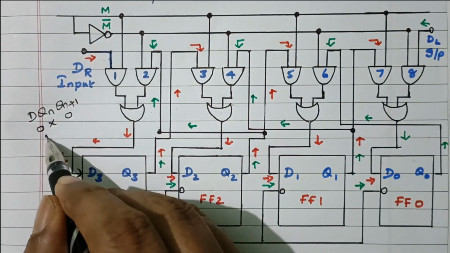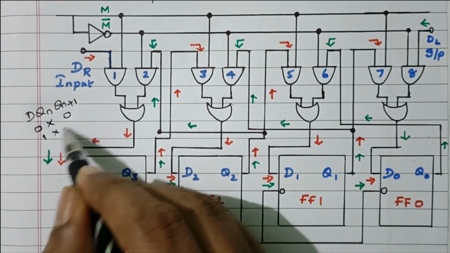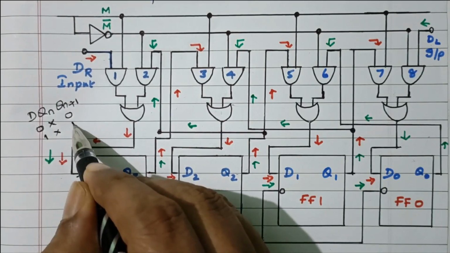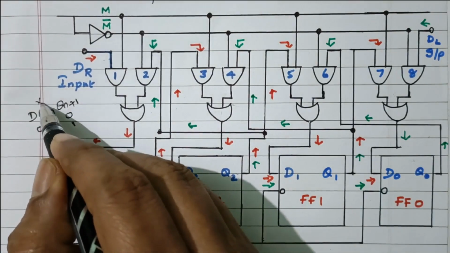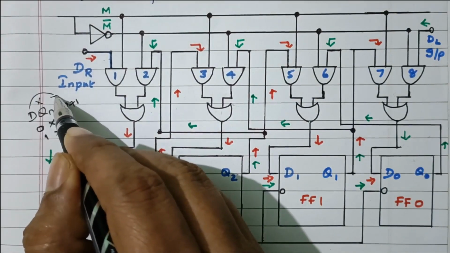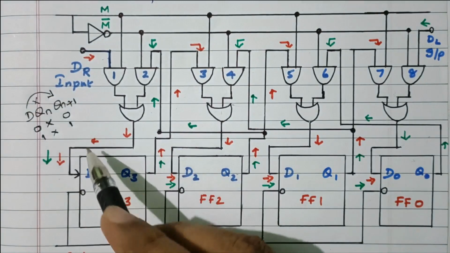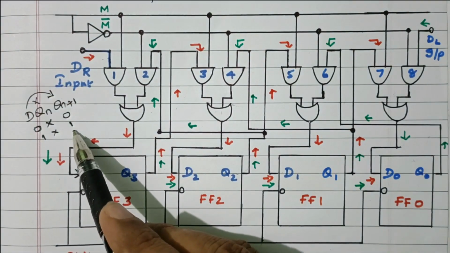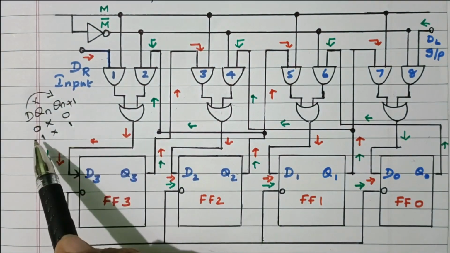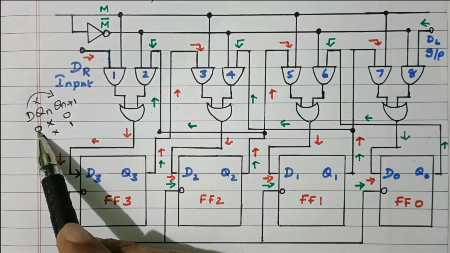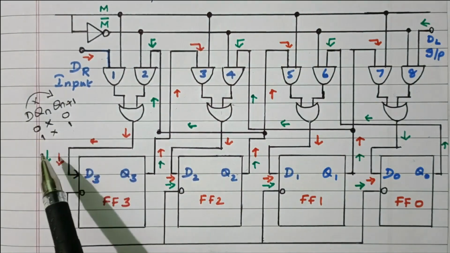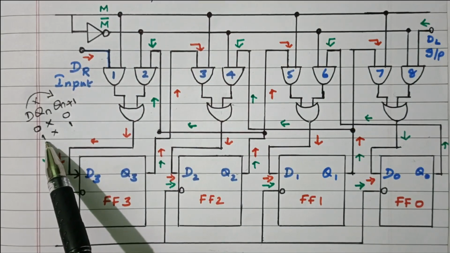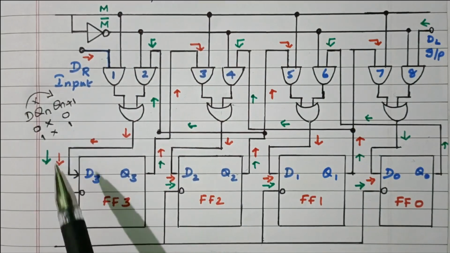If D is 1, whatever may be the present state, the same 1 will be available as the output. So the value of D will be reflected at the next state of the flip-flop. If we pass the data 0 to the input, the same 0 is available at the output. If we pass 1, the same 1 is available at the output.